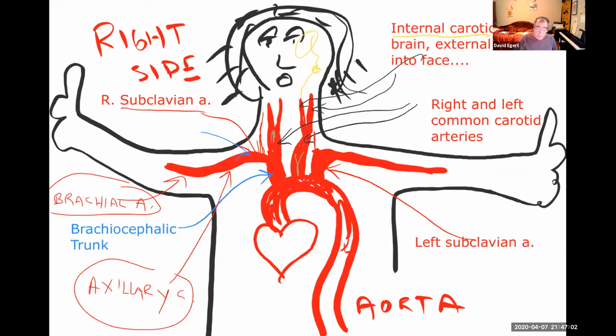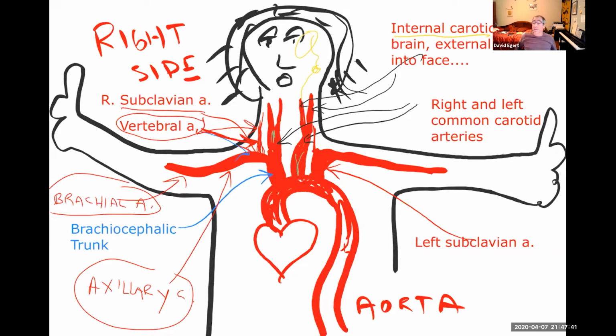Another artery that comes off of the subclavian that we actually have met are the little vertebral arteries. If you remember, the vertebral arteries were the ones that go up through those little foramina in the transverse processes of the cervical vertebrae, and ultimately are going to go up into the brain through the foramen magnum.